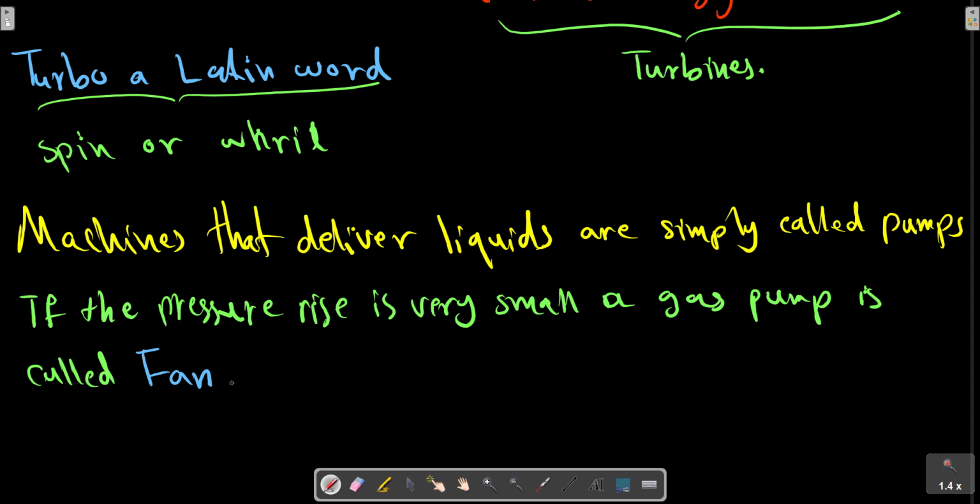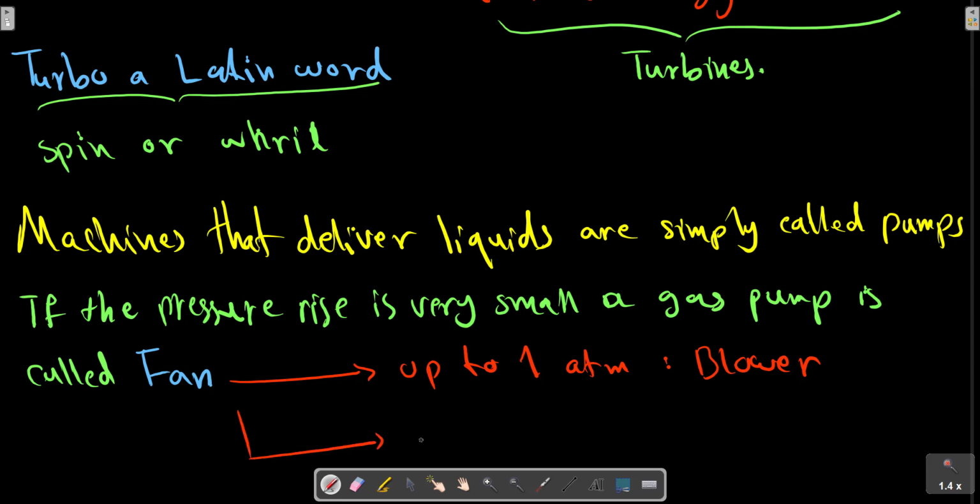And above 1 atmosphere, it is commonly termed as a compressor.